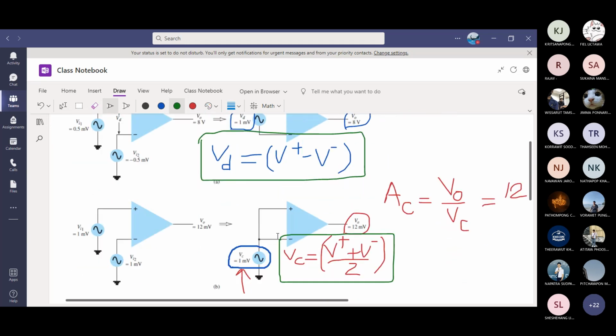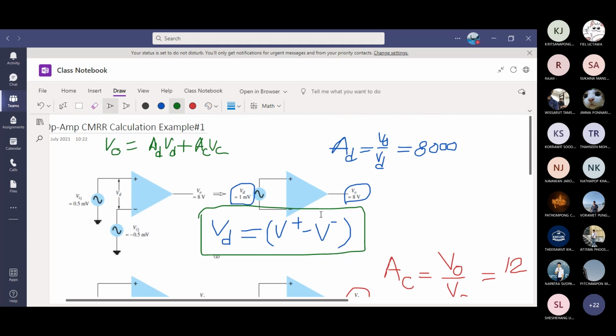What is AC? 12 times 1 millivolt, 12 times 0.001 volts. What do you get? 8.012 volts. If you take AD VD plus AC VC, it is 8.012.